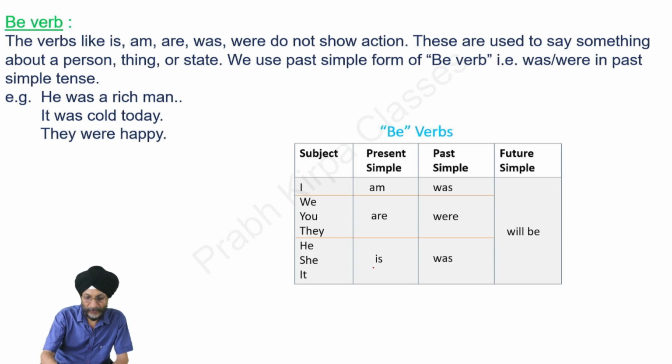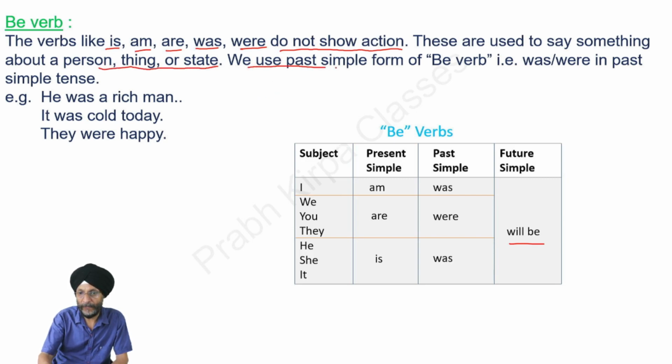Be verb. Be verbs are also used in the past simple tense. What is this be verb? The verbs like is, am, are, was, were, and will be are the be verbs. They do not show any action. These are used to say something about a person, thing, or state.